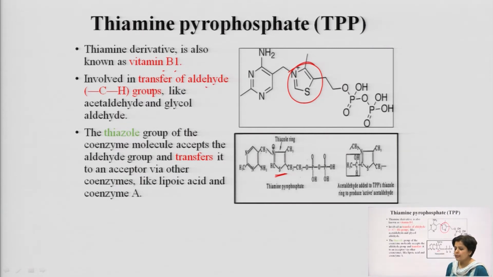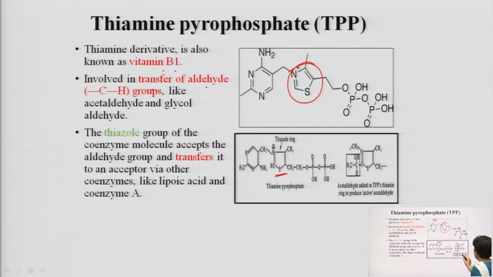So wherever thiamine, vitamin B1 or TPP, acts as a coenzyme, it will do the transfer of the aldehydic group, and it does so with the help of this thiazole ring. The coenzyme molecule will accept the aldehyde group and transfer it to another acceptor via other coenzymes like lipoic acid or coenzyme A.